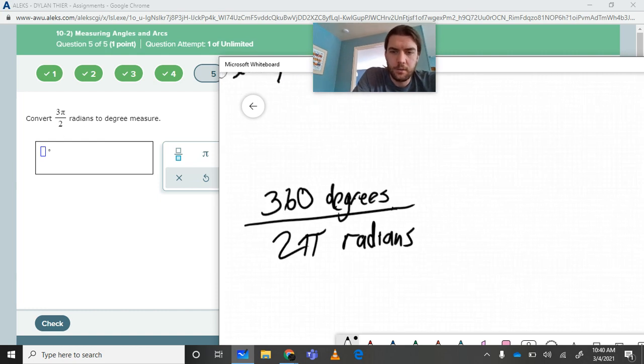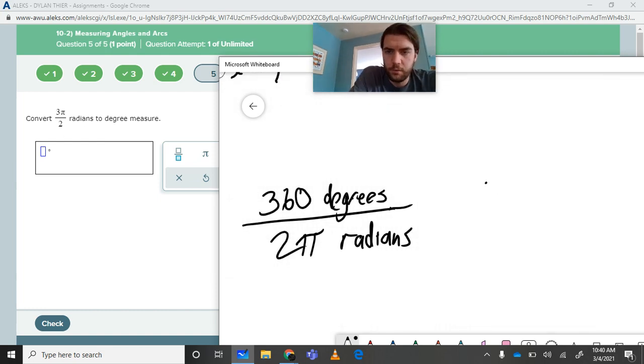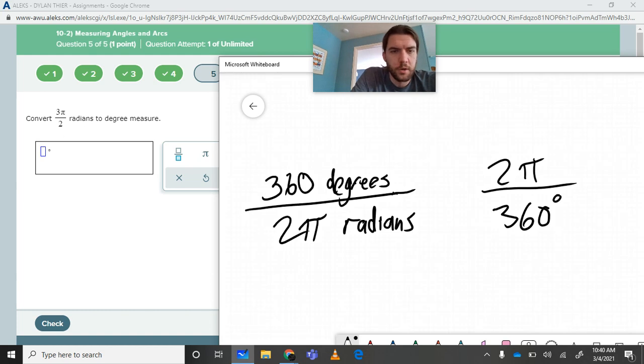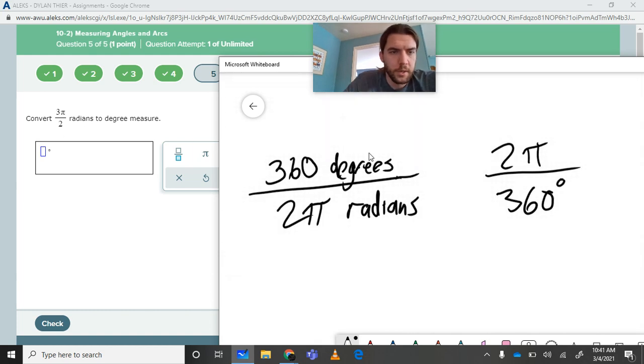Now we can either use that fraction or we can use this fraction, just depending on what we're starting with. So for example, if we are starting with radians, so that's what this one says, convert 3 pi over 2 radians.